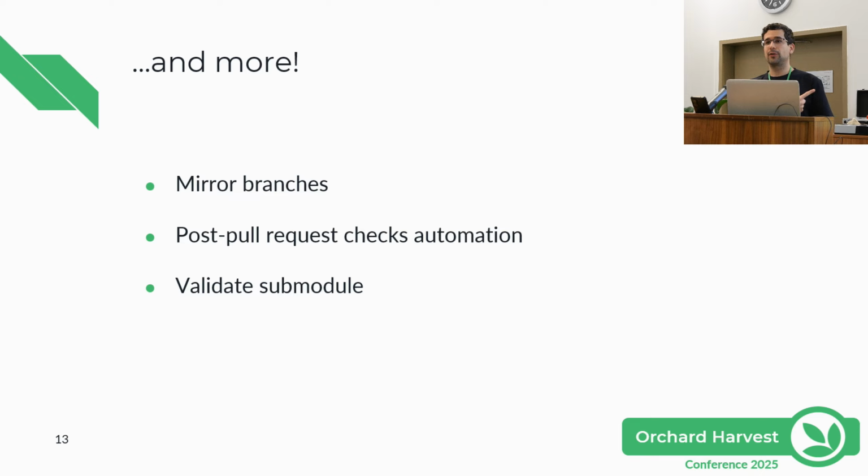And this workflow makes sure that if you have a main collector project where all of these submodules are included, you actually have a pull request for that submodule open there as well.